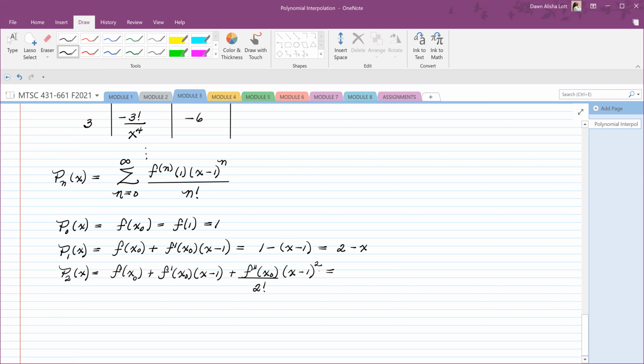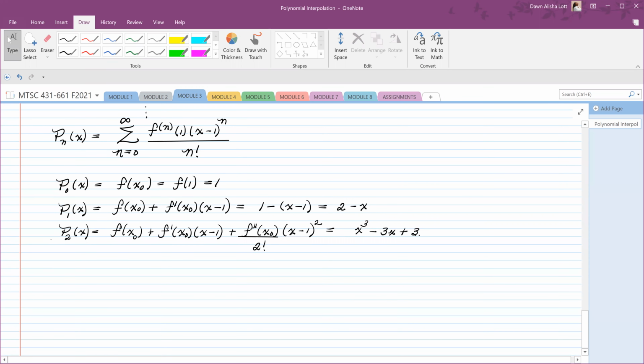And this one comes out to be x squared, you write it all out, minus 3x plus 3. Okay. So these are nice, but this is only good near x equal 1. So these right here are Taylor polynomials of degree 0, of degree 1, or of degree 2. We can keep going, all right?